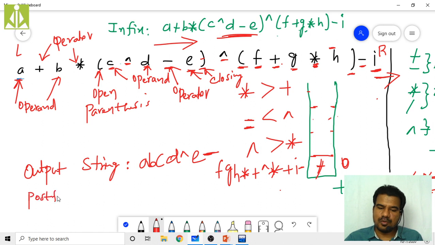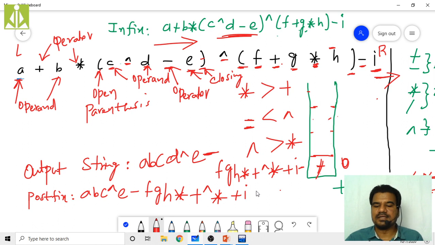So the postfix string we got is: a b c power e minus f g h star plus power star, then plus I minus. This conversion has been asked 2-3 times in your exam, so this entire concept you have to explain. Hope you understood this concept thoroughly.